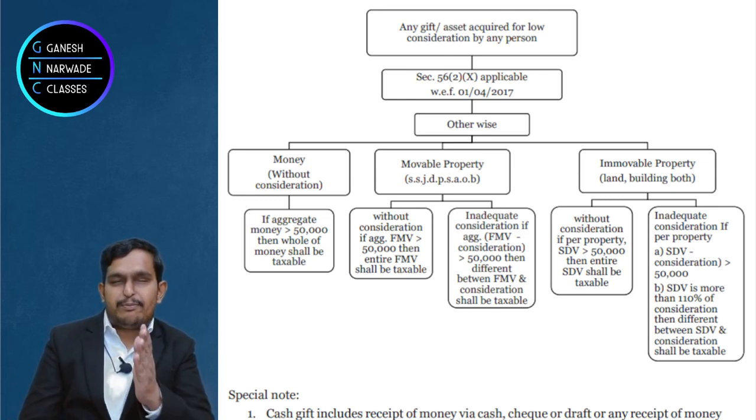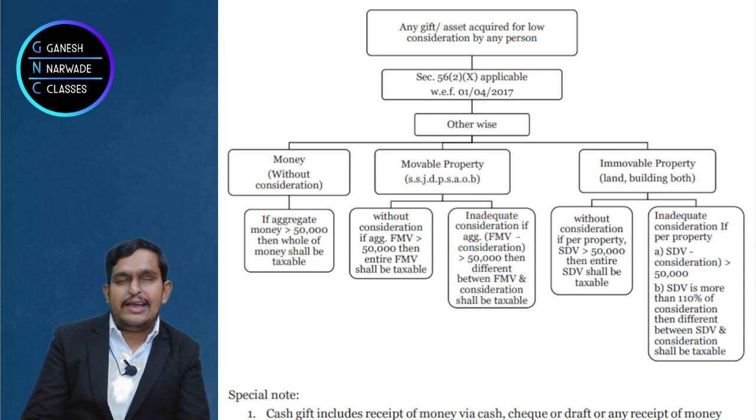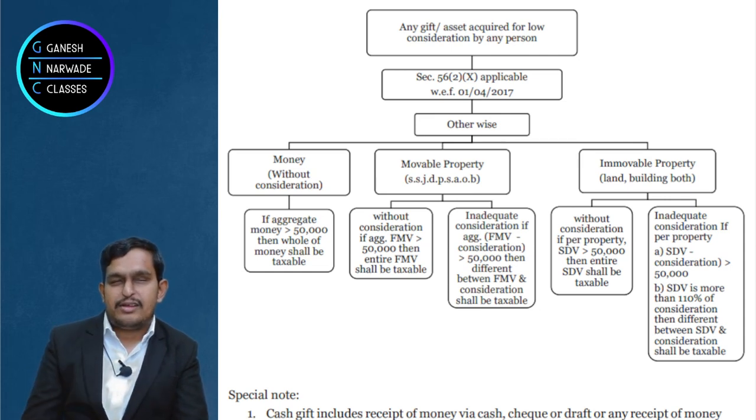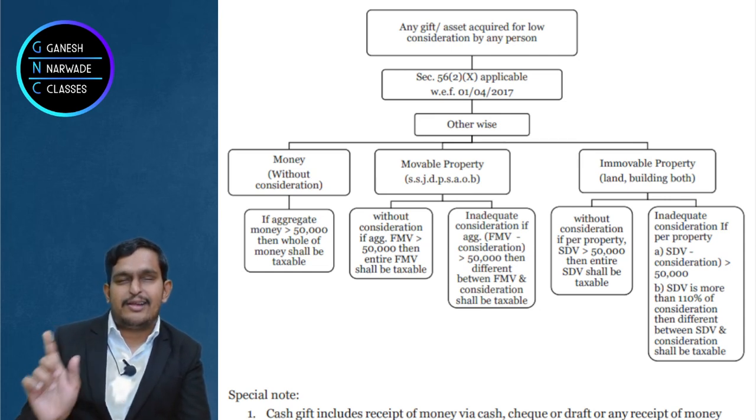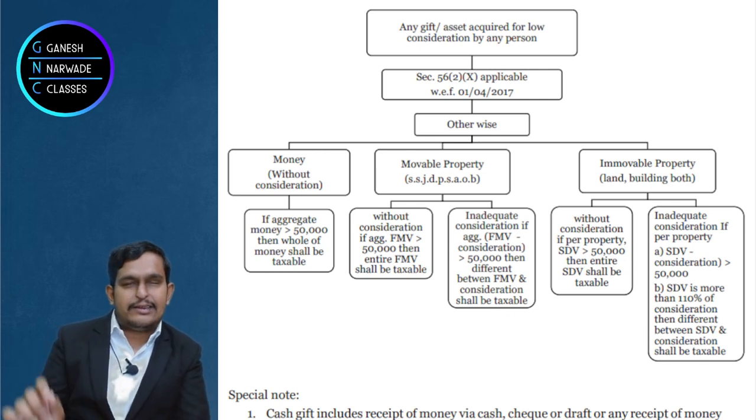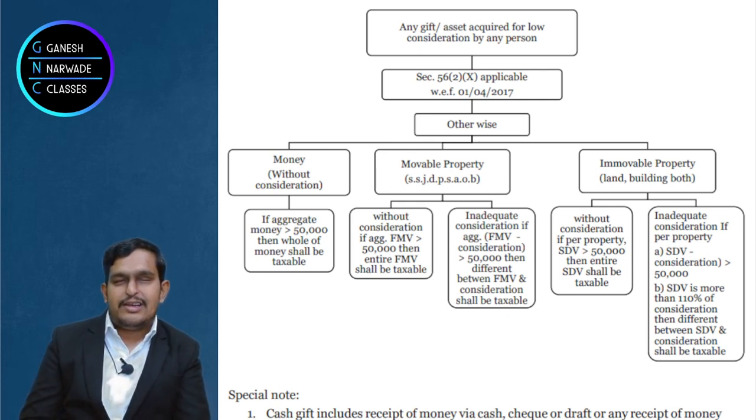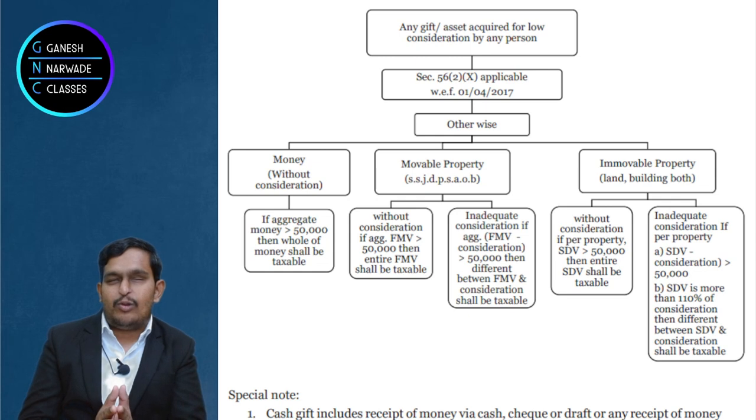So if it is up to 50,000, nothing is taxable. If 50,001 rupees, then the entire amount is taxable. If it is 60,000 cash gift, entire 60,000 taxable. If it is 1 lakh cash gift, entire 1 lakh is taxable. If it is 1 crore cash gift, entire 1 crore is taxable. So you should be clear what I am saying.